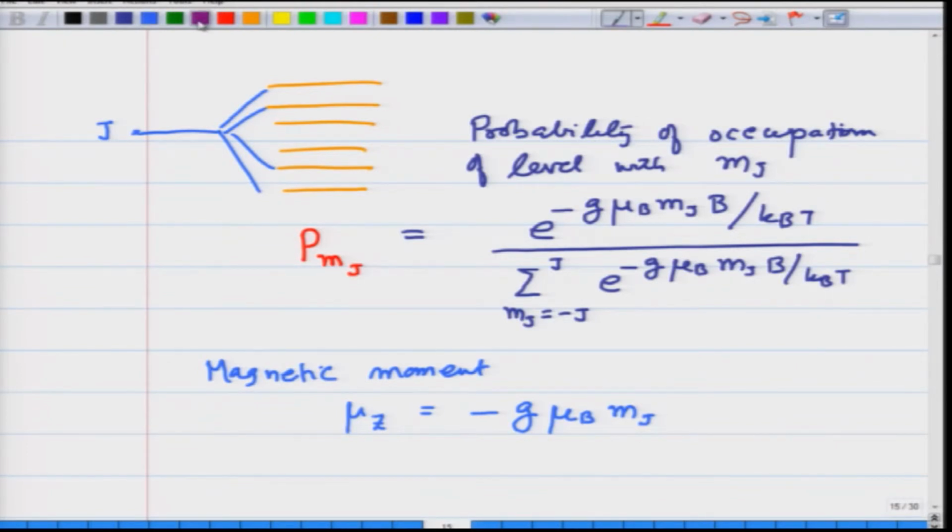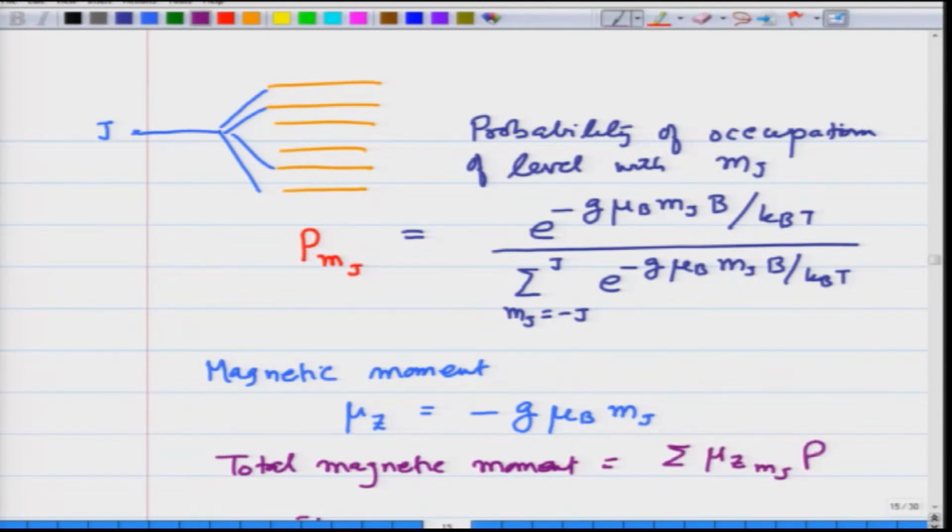So, total magnetic moment is going to be the summation of mu_z for m_j times the probability that this m_j level is occupied.